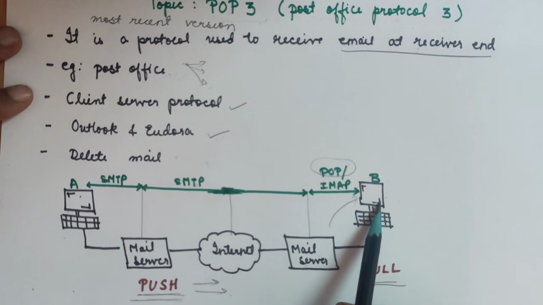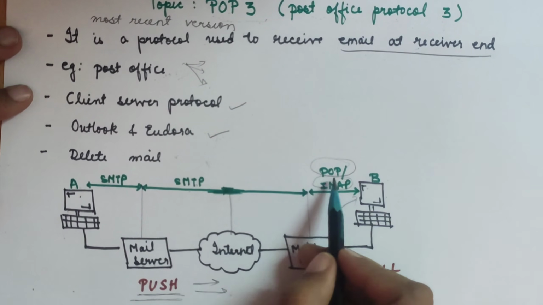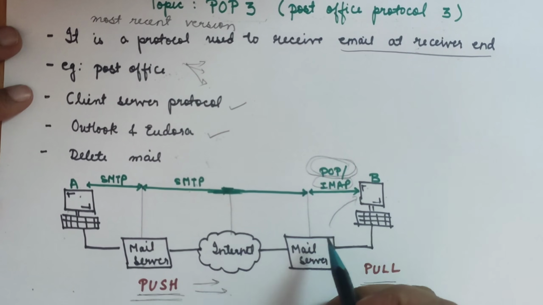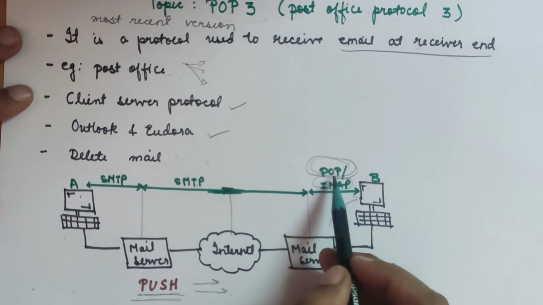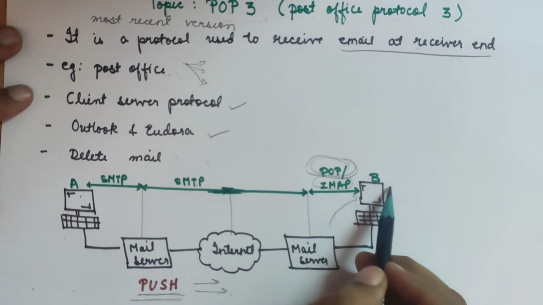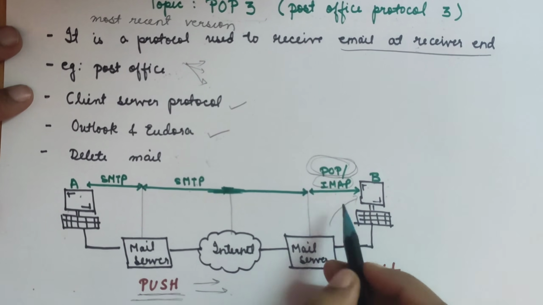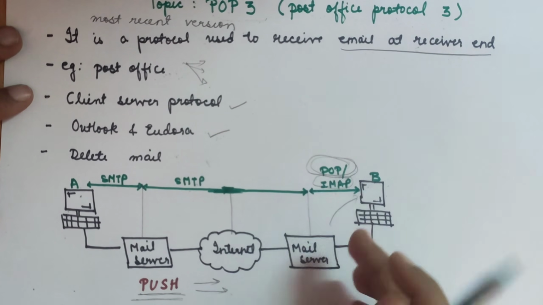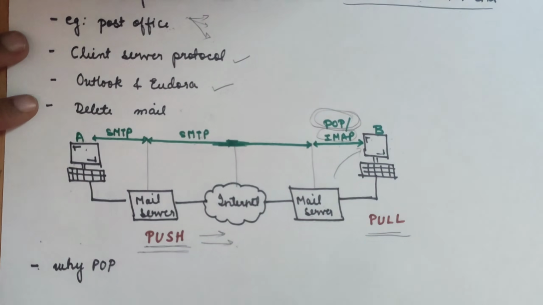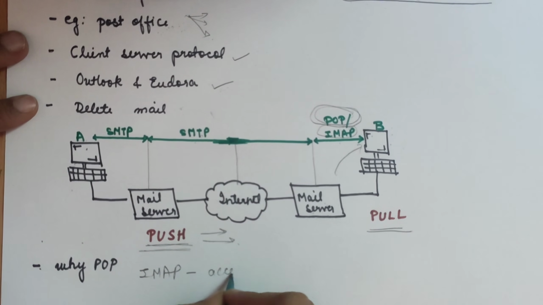One more important thing you have to remember: if we are using IMAP, then why is there a need for using POP? As I have told, we can use POP or IMAP for pulling the messages from the mail server. Then why is there a need for using POP? Because as we know, IMAP is also used for accessing email.